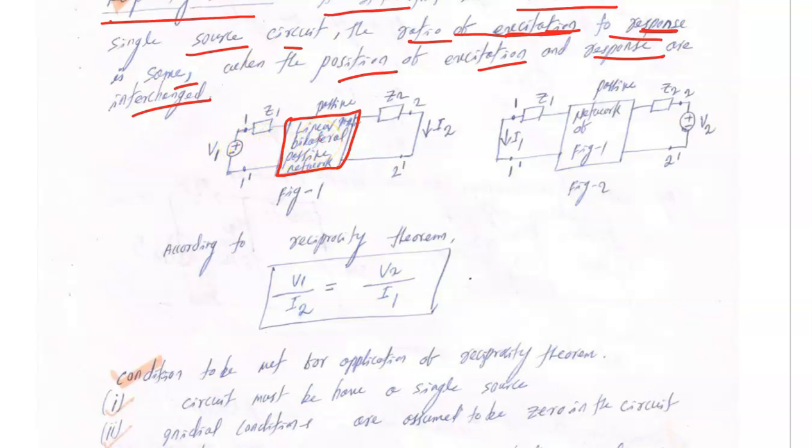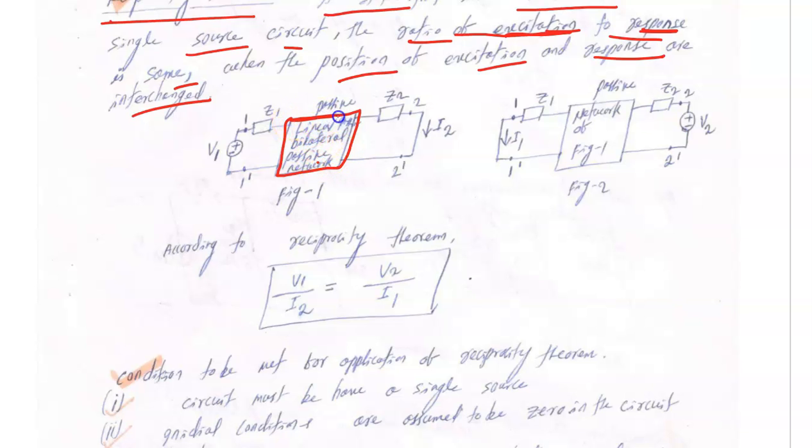Later it will be more apparent when you study two-port networks, what bilateral and symmetrical networks are. You will see that all passive networks are bilateral.